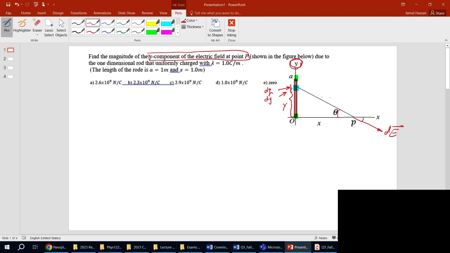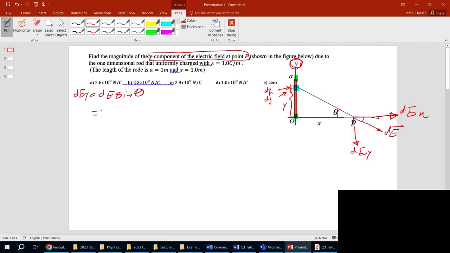Now, this electric field has two components. One component is along the x-axis, dEx. We are not interested in this because the question only asks for dEy. So it's obvious that dEy is equal to dE multiplied by sine of the angle.